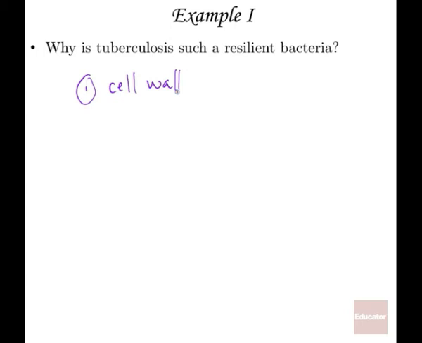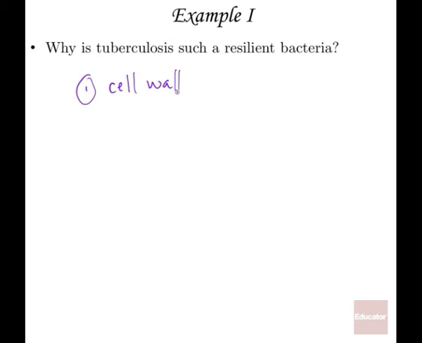It can also last for quite a while in the air as well. So the biggest protector of the tuberculin bacteria is really that cell wall. It's very, very challenging to break through with these antibiotic agents.